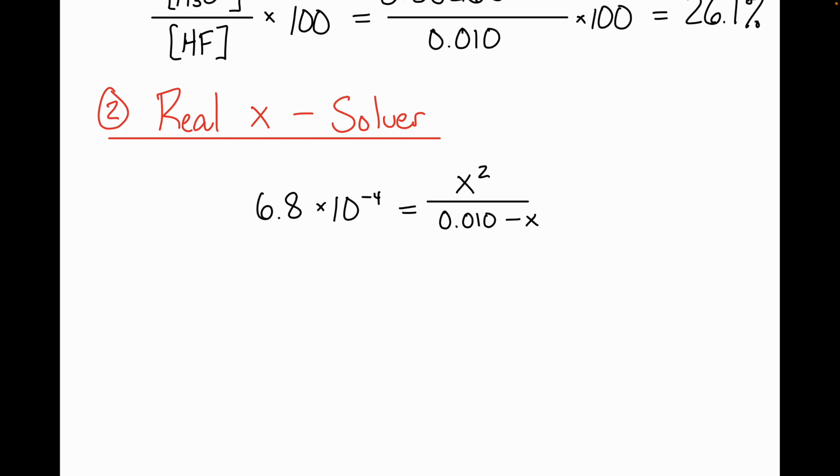I'm going to punch in my formula here, that's 6.8 times 10 to the negative 4. On my other side is that variable x. Remember, we need to use that fancy x button down at the bottom. So we're going to do x squared divided by, and then so I don't mess up my order of operations, I'm going to put in parentheses that 0.010 minus x. Close our parentheses.